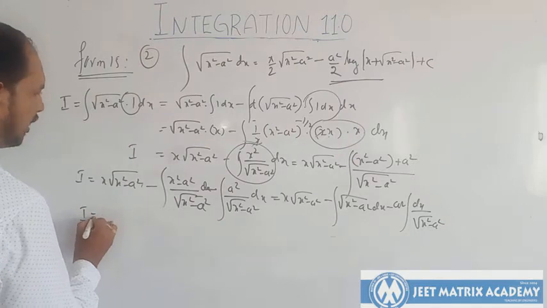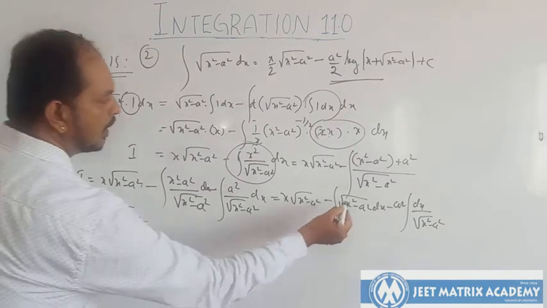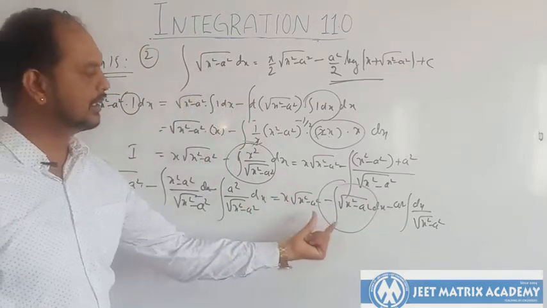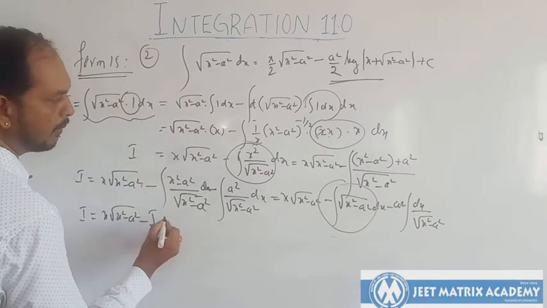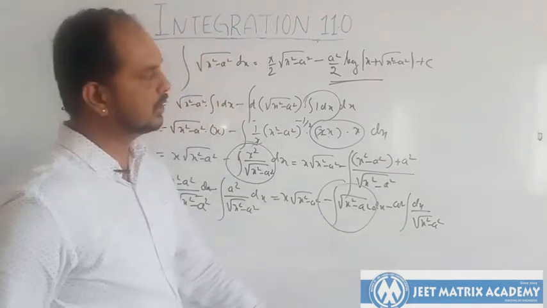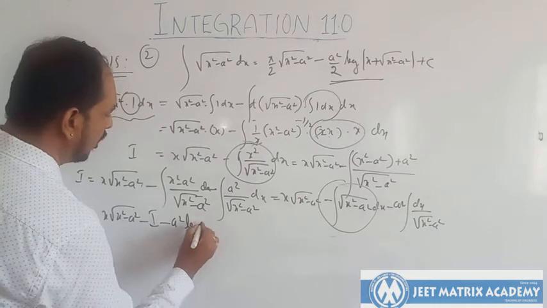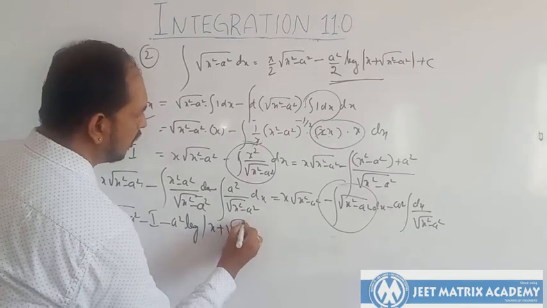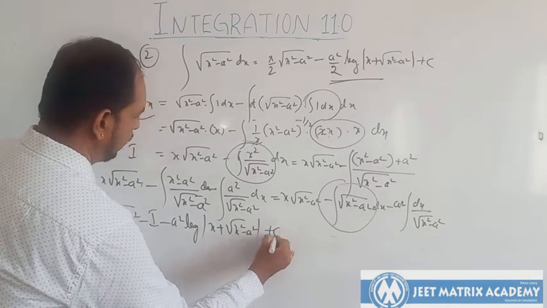Now this I equal to x root of x square minus a square minus, so this is a repeating function, root of x square minus a square, I can consider as this is I. So I minus a square, this is a well-known function, log of x plus root of x square minus a square plus c.